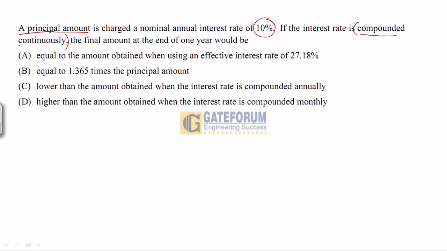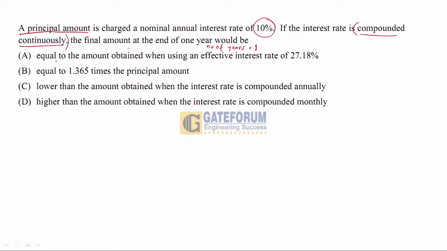Actually, till GATE 2020, no question from this concept had been asked, but in GATE 2021 it came from this concept of continuous compounding. So we are to calculate the final amount at the end of 1 year, which means our number of years in this case is 1.